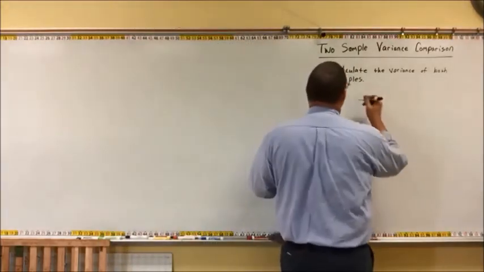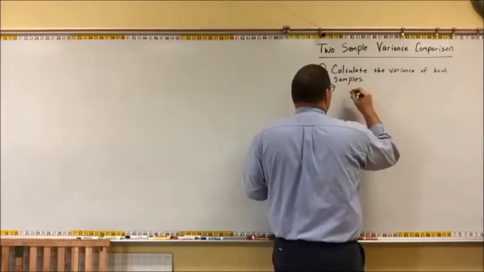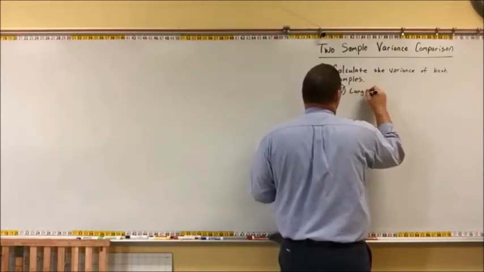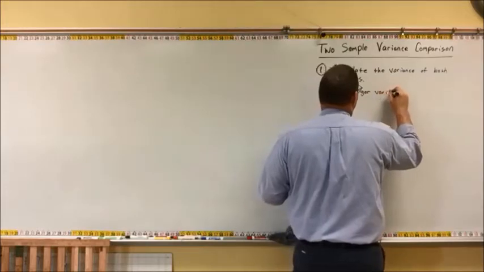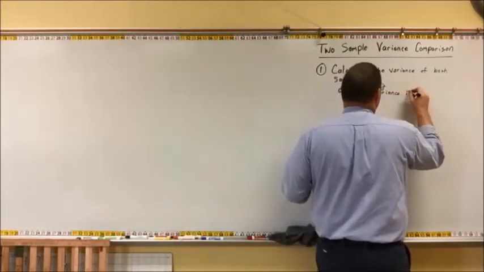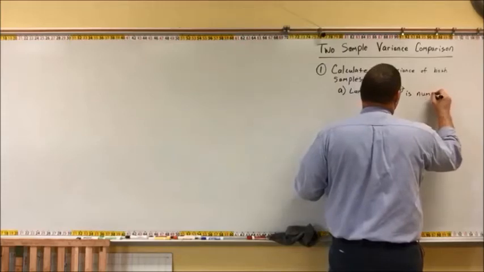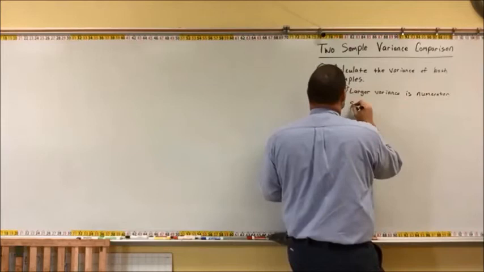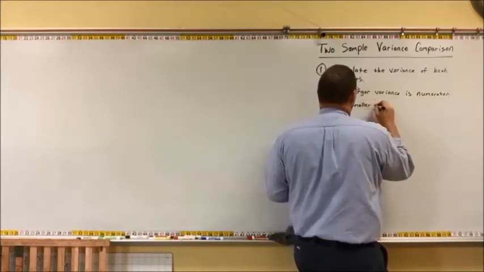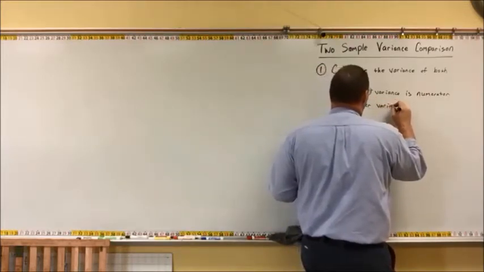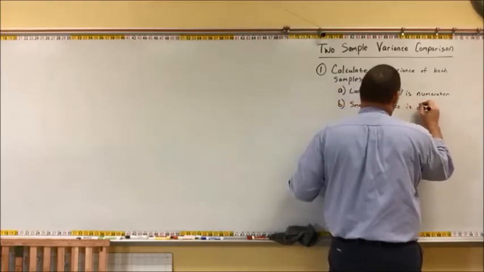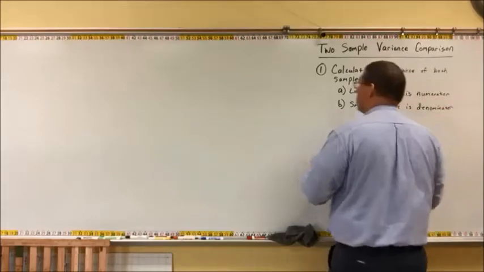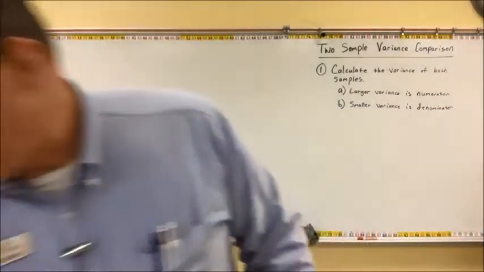And here's what's going to happen: the larger variance is the numerator, and the smaller variance is the denominator every time. Okay? So let's go ahead and project the problem up here on the whiteboard.